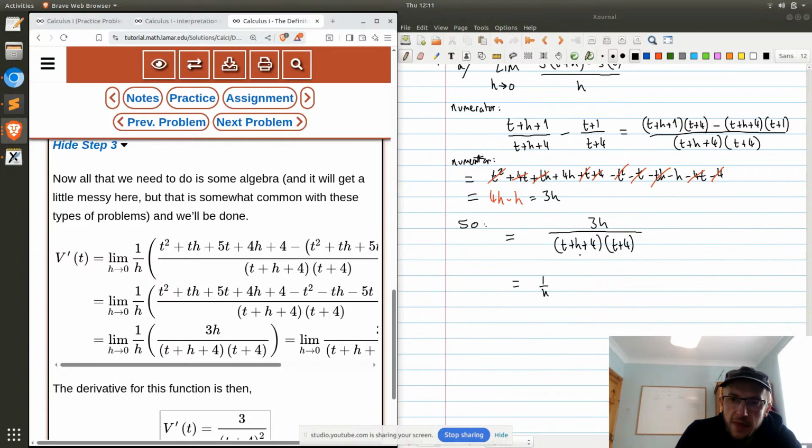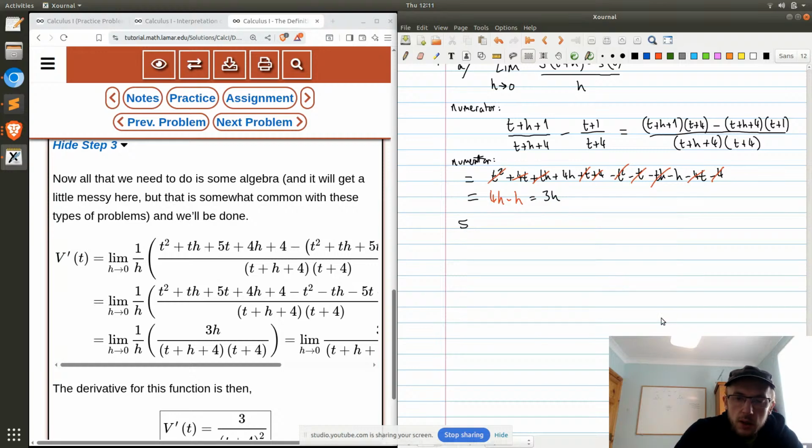Oh, from up there. Oh my goodness me. This is why you carry the denominator the whole way through. Right. Good. I get it now.